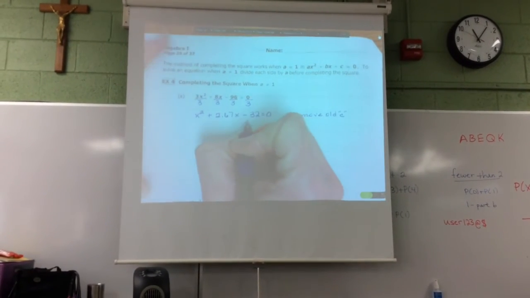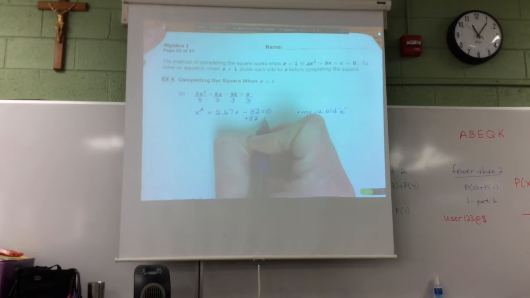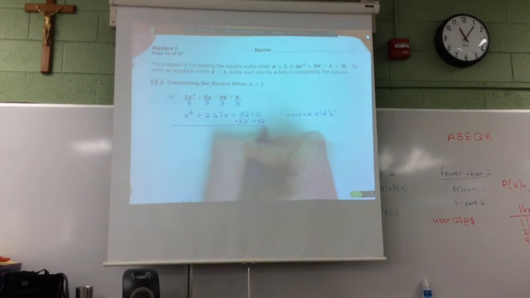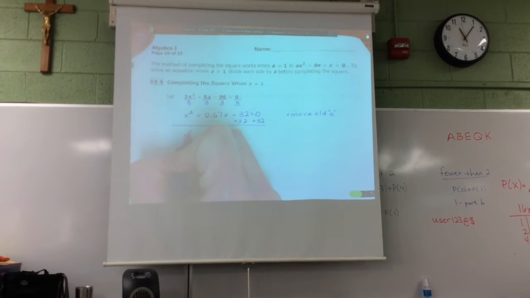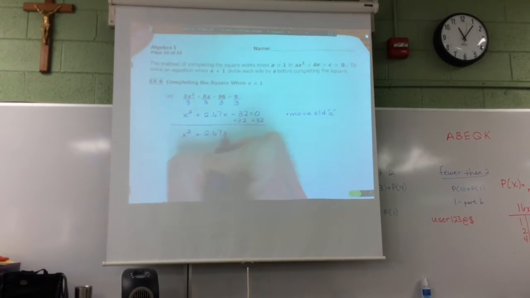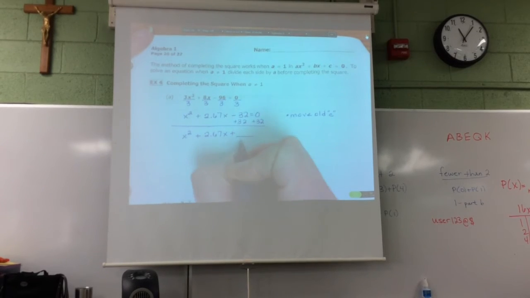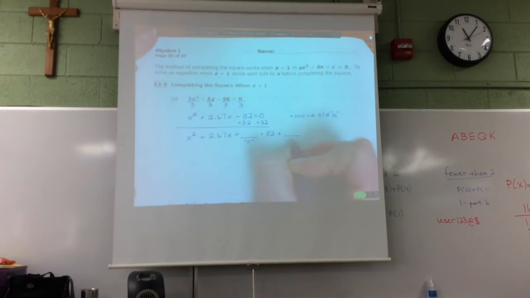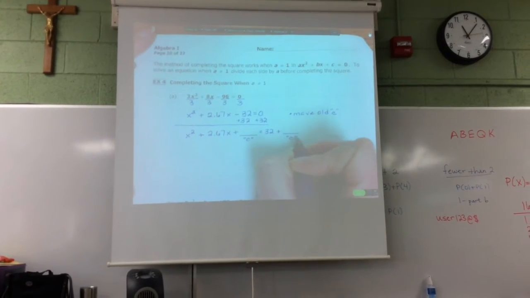Move old c. So add 32 to both sides. Now I've got x squared plus 2.67x plus, leave a spot for c. And this is going to equal 32 plus, and leave another spot for c.